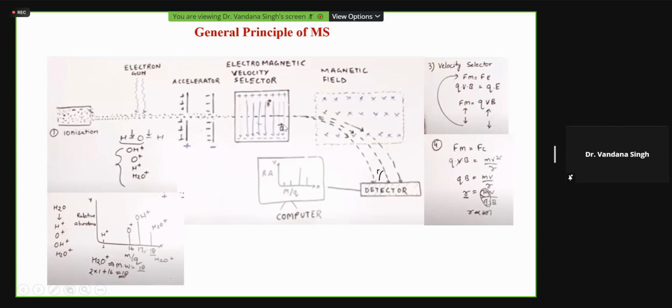So this is the short video of how plant metabolites are analyzed in a GC system.